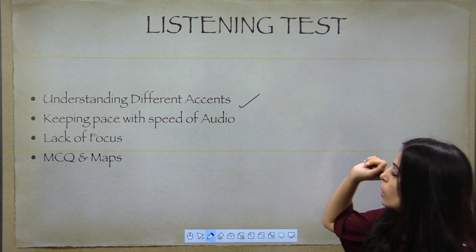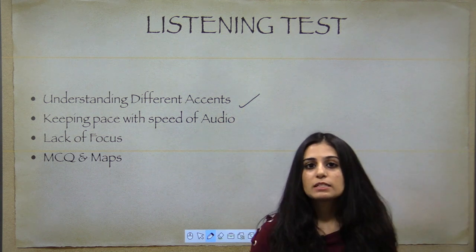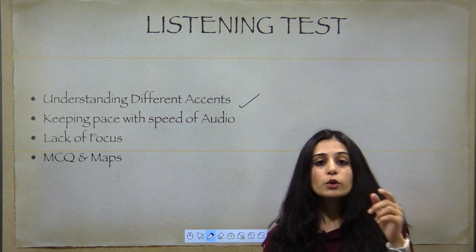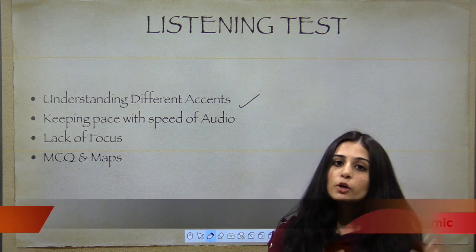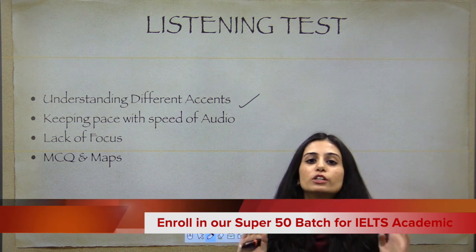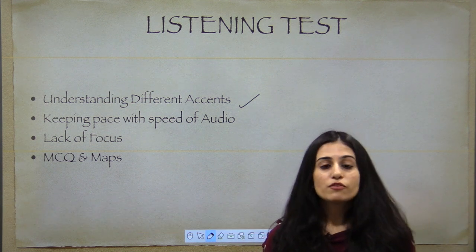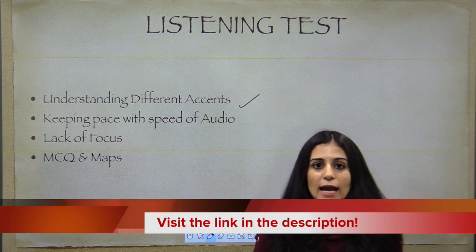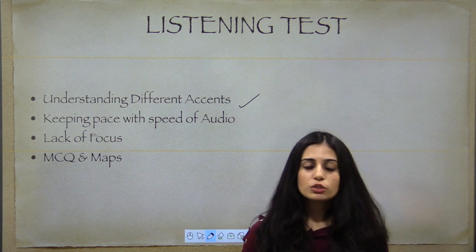So to understand different accents, it's important that you listen to a lot of podcasts, news interviews. You can follow the BBC channel because there are people from different origins that come there and give their interview, so that you will be able to grasp each and every accent while you watch or listen to such podcasts and news channels.